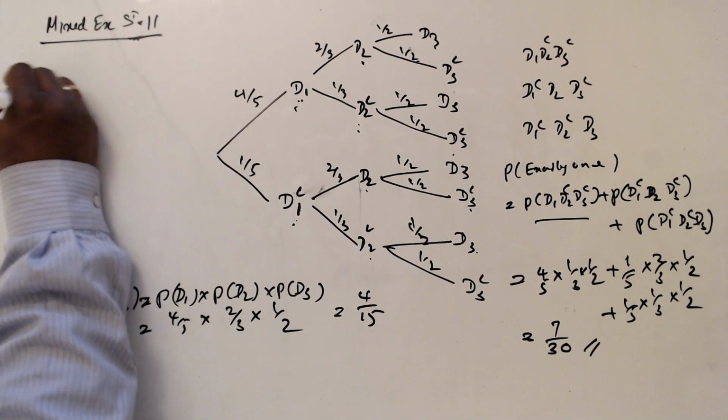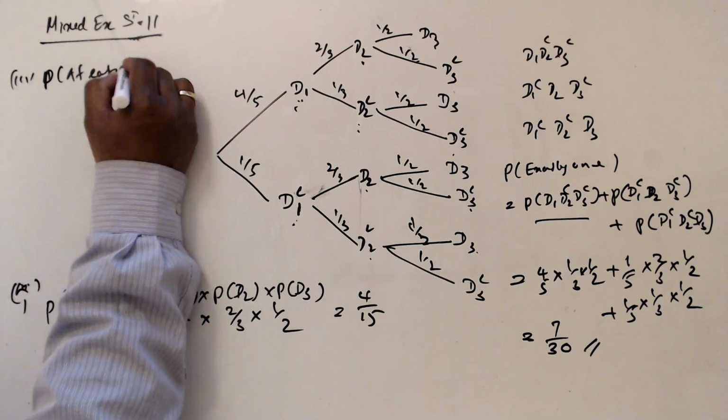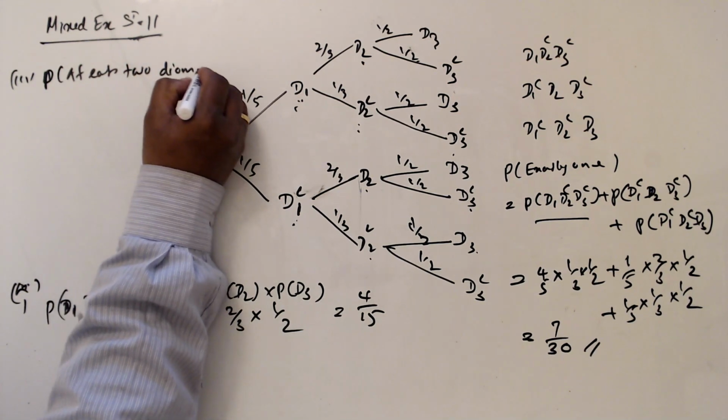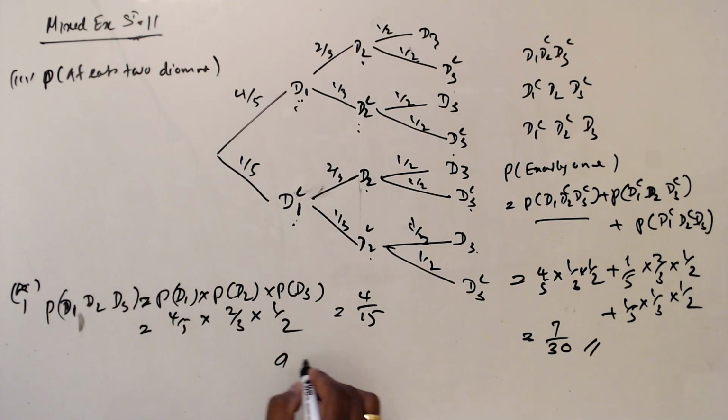The third one is the probability of at least 2 diamonds. So she can collect either 0, 1, 2 or 3.